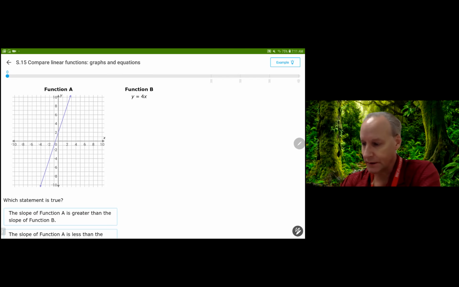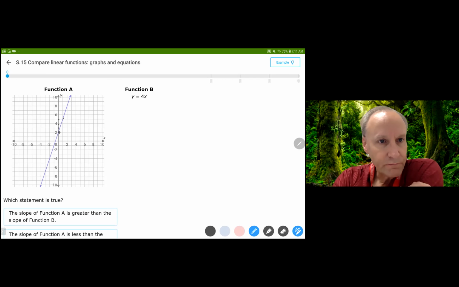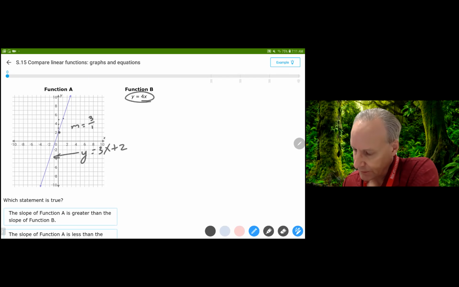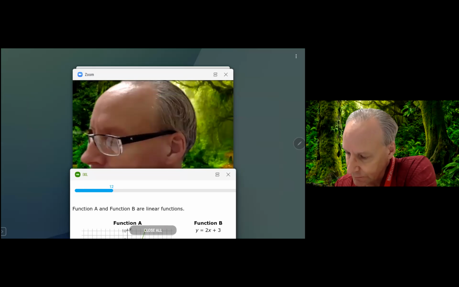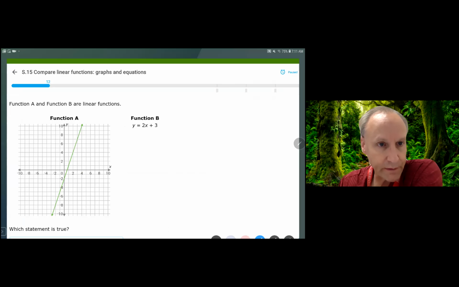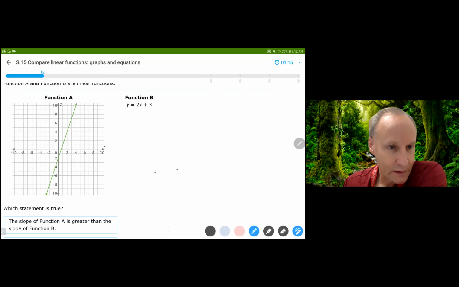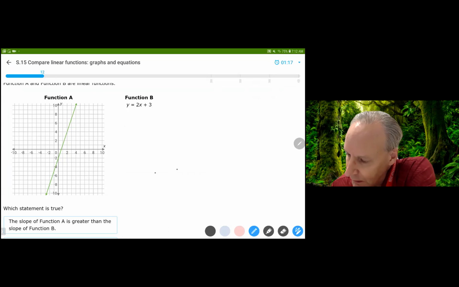And let's take a look here. Oh, there we go. Function A and B are linear equations. Well, let's see. It looks like it's the same equation. Oh, there it is. Okay, there's my new one. All right. This function has a slope of 3 again, up 1, 2, 3 over 1.